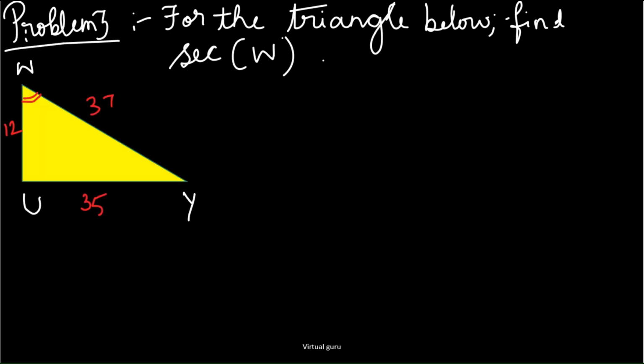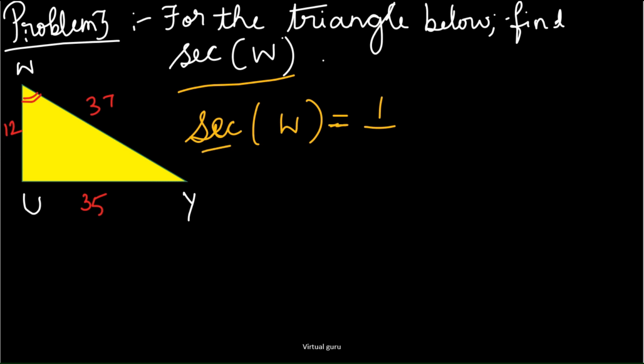Next, moving on, problem number 3, you can just pause the video and try to solve it by yourself. Whatever it is, just start trying. Once you know the mistakes, you'll come to know what your drawbacks are. Then we can practice more in that regard. Secant of W. Secant is the reciprocal of cosine. So what is cosine? Cosine is adjacent by hypotenuse.